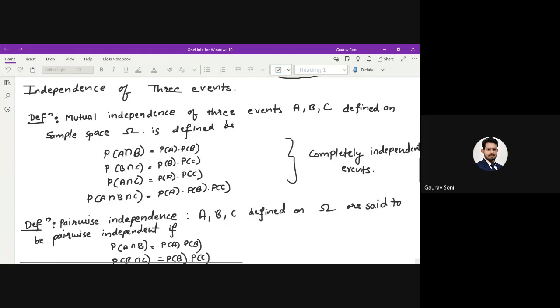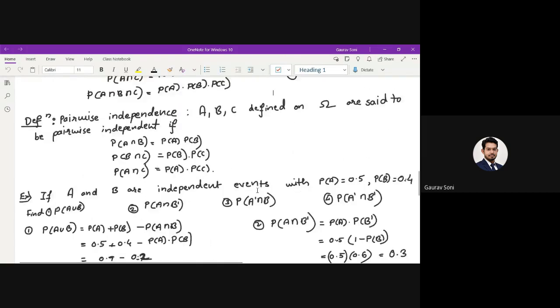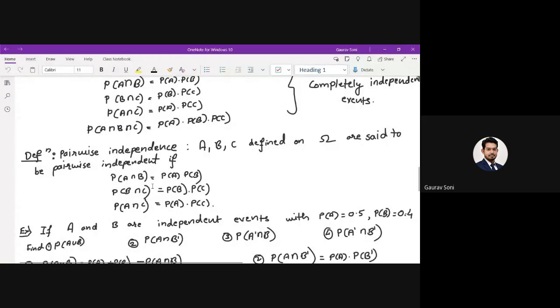So mutual independence of three events A, B, and C is defined as they are pairwise independent, like probability of A intersection B is probability of A into probability of B. Probability of B intersection C is probability of B into probability of C. And probability of A intersection C is probability of A into probability of C. Also with that, probability of A intersection B intersection C is probability of A into probability of B into probability of C. And for the pairwise independence, we just take the pair of two of the events.